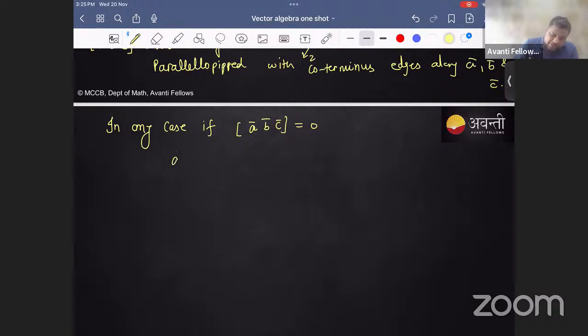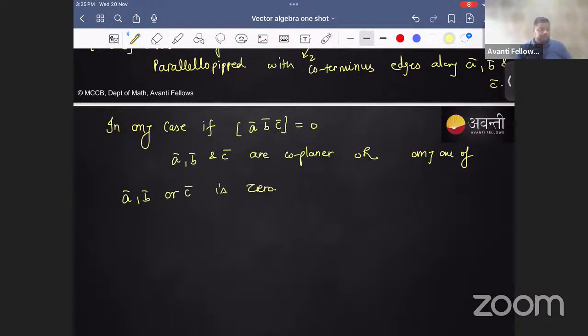A, B, and C are coplanar, or any one of A, B, or C is 0. Am I clear?